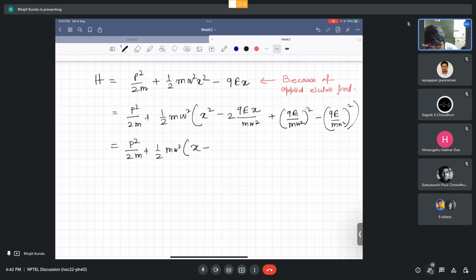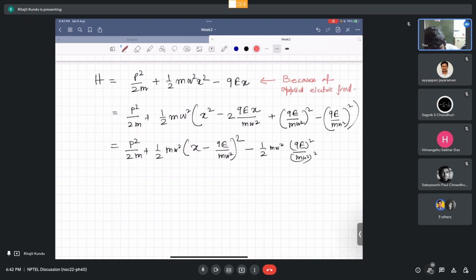Now we can actually complete the square. It will become x minus q e by m omega square whole square, and there is this additional negative term which is half m omega square times q e by m omega square whole square.